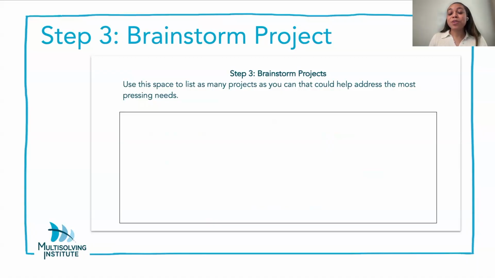In step 2, we identified some areas that might need improvement within the system. Now step 3 is where you get to brainstorm what type of project or what type of change in your community or the system you defined would need to happen in order to meet those needs. We will give you about 5 minutes to brainstorm through different projects.